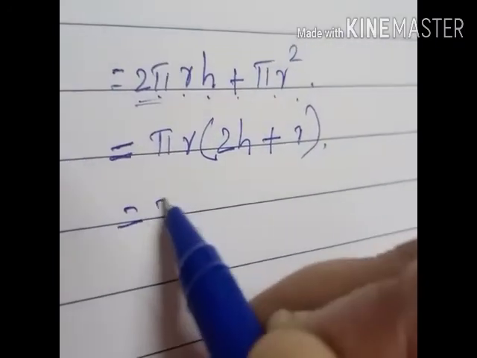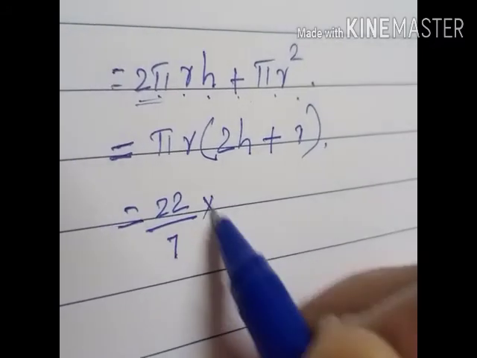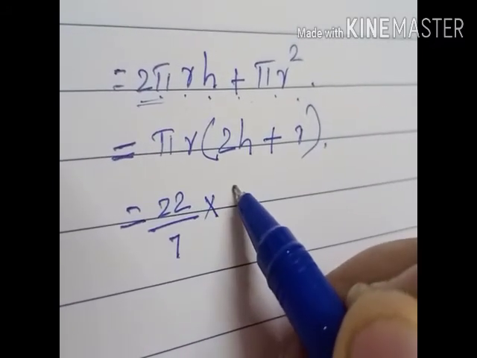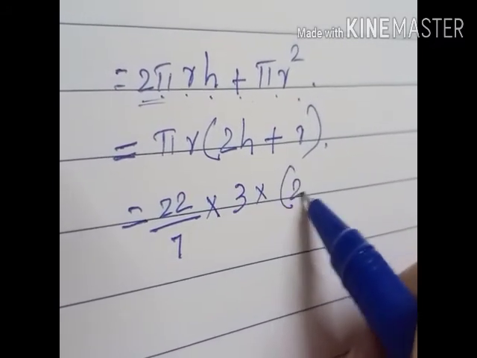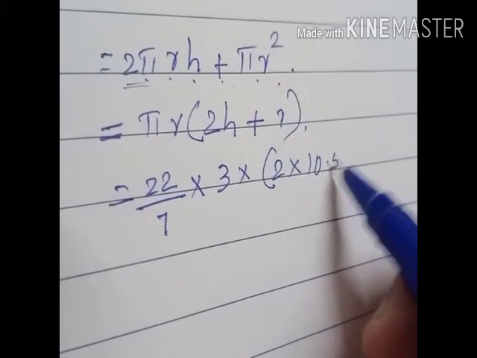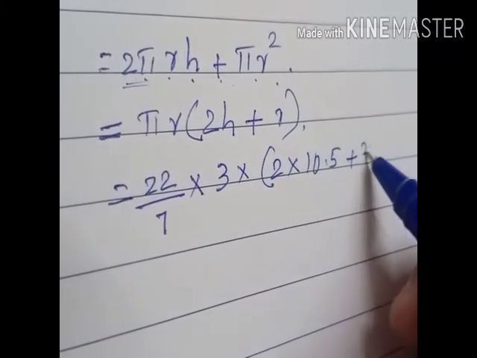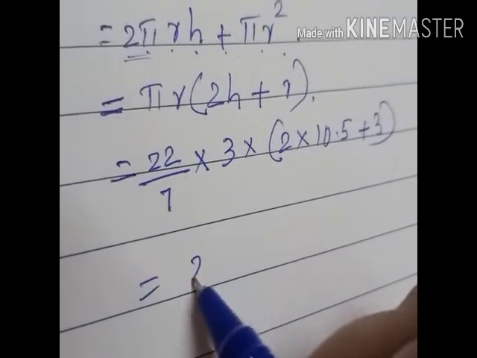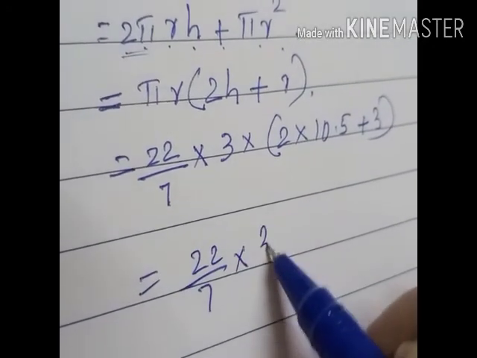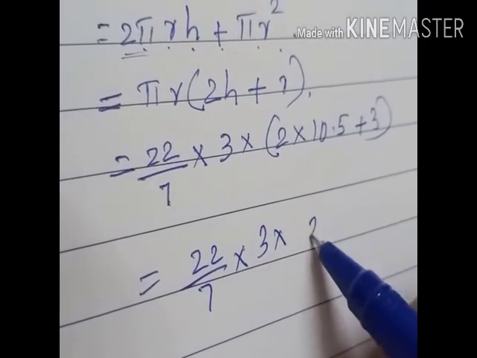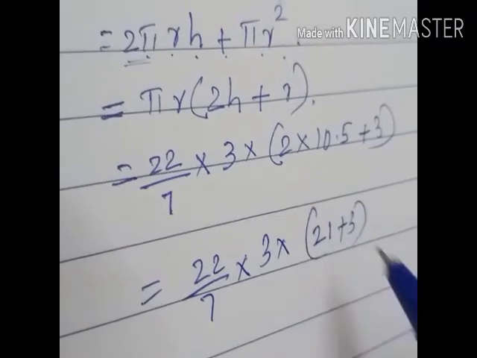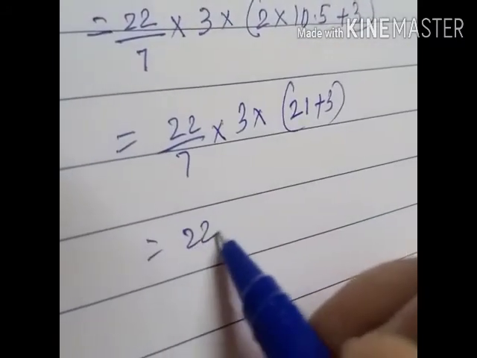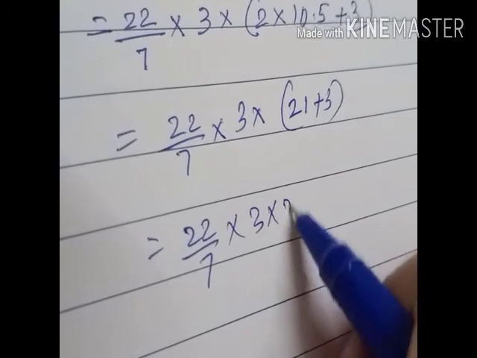After this, we can substitute the values. 22 by 7 into r is 3 into 2 into h is 10.5 plus r is 3. That is equal to 22 by 7 into 3 into 21 plus 3. That is equal to 22 by 7 into 3 into 24.